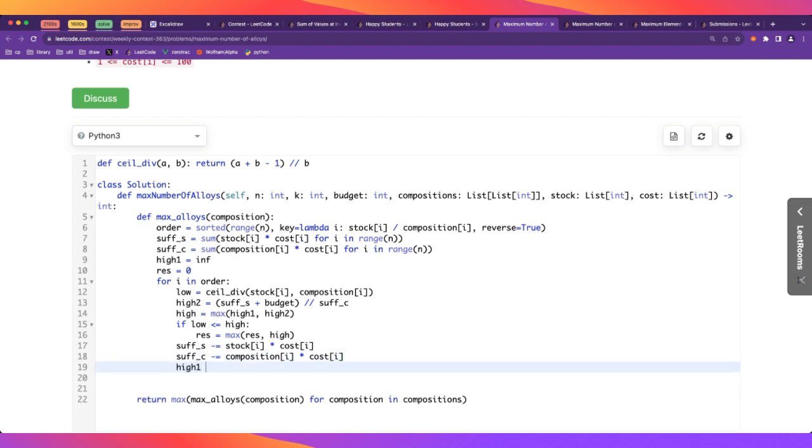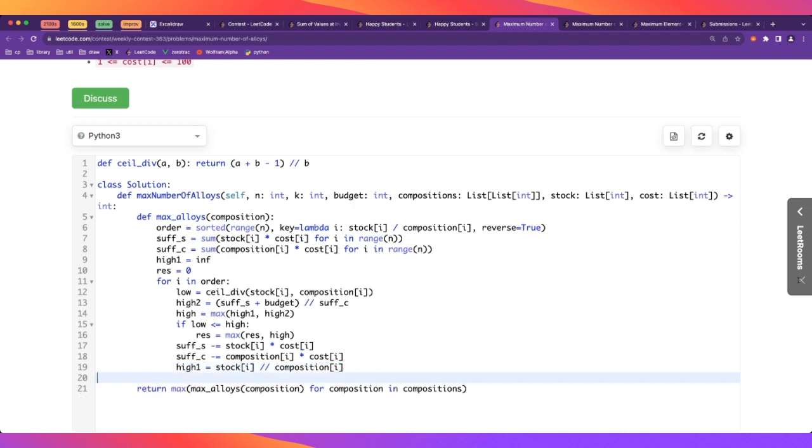And we want to update this, which is this without the ceiling, because in this case it's going to be an upper bound, so in that case it has to be a floor division.